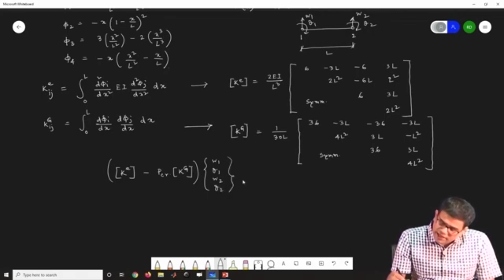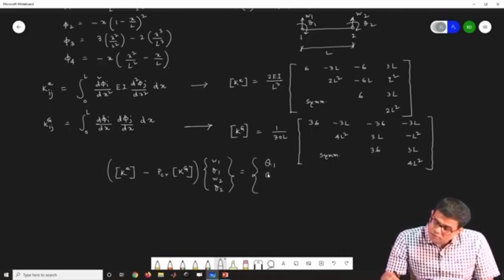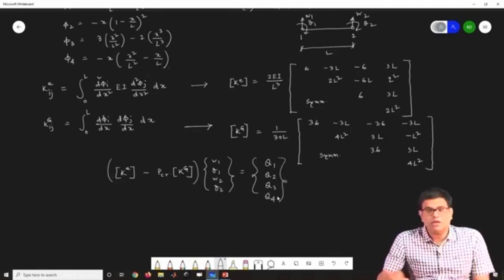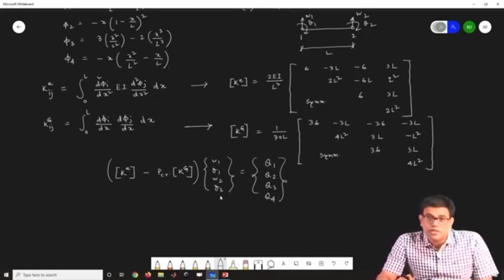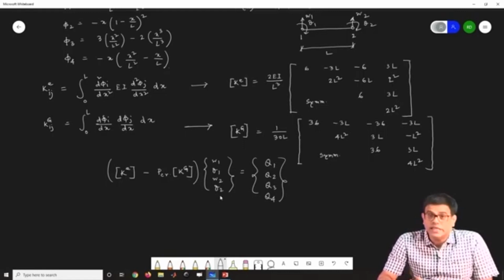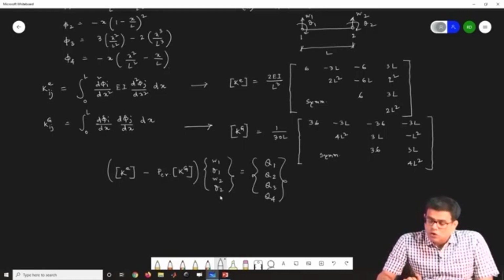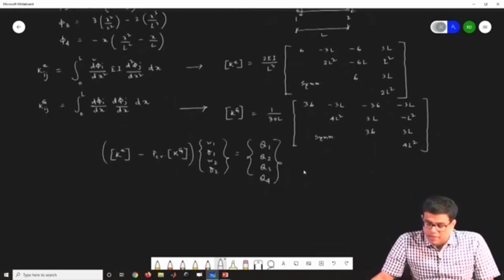So this is my elemental equilibrium. Again we will have boundary terms Q1, Q2, Q3, Q4. This is my equivalent equation. Since our objective is to find the PCR, the P critical, that is the Euler buckling load, we will not think about this thing. The boundary term will go essentially to 0 from the boundary condition.